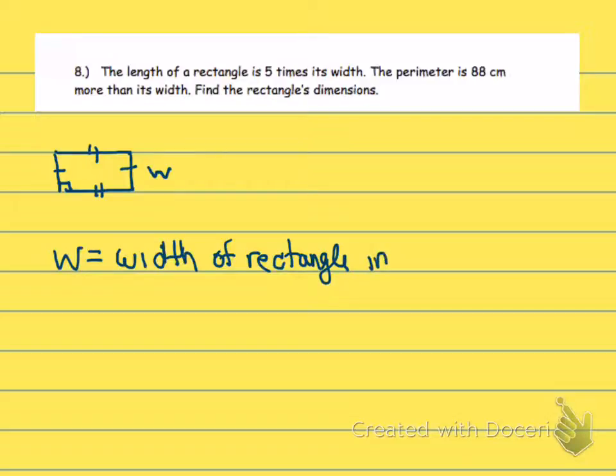And we usually like to mention what we're measuring in, and we're measuring in centimeters here. And then the other thing I'm trying to find, because I'm trying to find the dimensions, is the length. But I do have information on the length, and the length is 5 times the width. So that allows me to write the length based on the width as 5W. So I would write that as well.